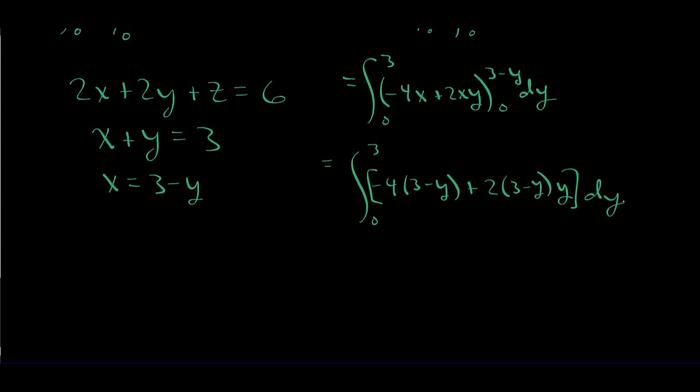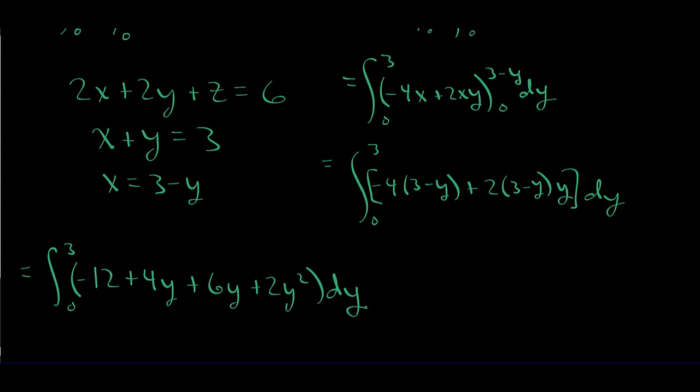Okay, continuing on, let's clean it up a little bit. We've got negative 12 plus 4y. You just have to be very careful here. Now, plus 6y, and then minus 2y squared. This is dy. I guess this should be negative 2y squared. There we go.